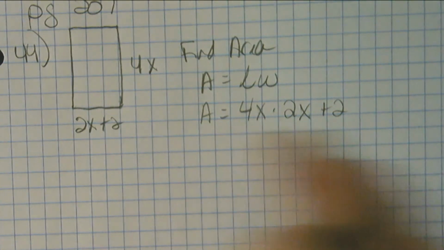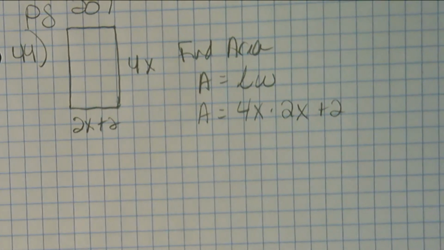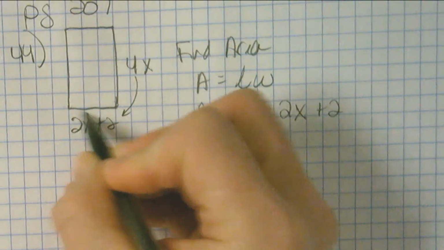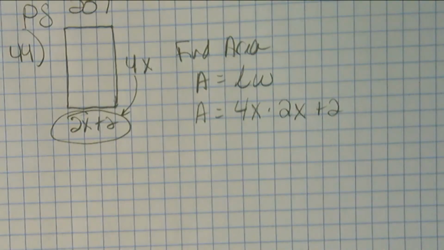So how do I indicate that I have to use the distributive? Why do I have to use the distributive property? Yes. What do I have to multiply together? Yeah, I have to multiply 4x times this entire expression. How many of you guys understand that?